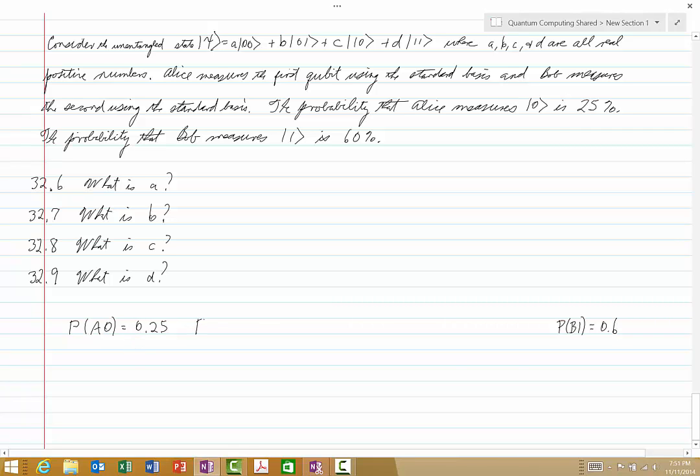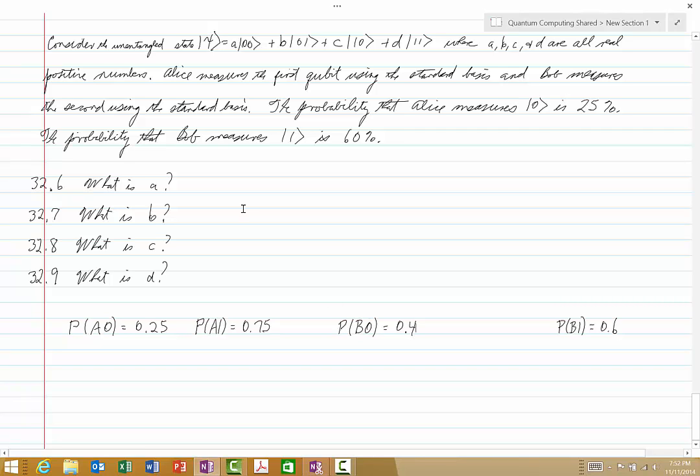So we can say P of A1 is equal to 0.75. And likewise, Bob can also measure only a 0 or 1. So if his probability of measuring 1 is 0.6, then his probability of measuring 0, P of B0, must be 0.4.